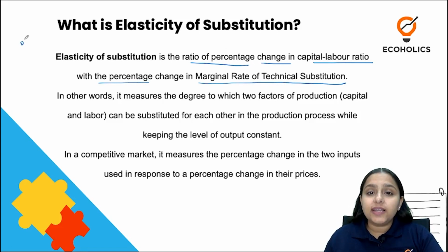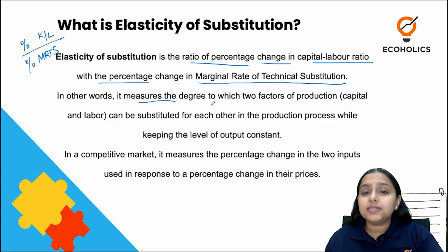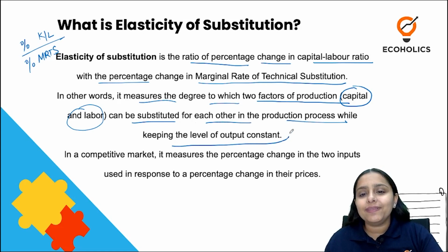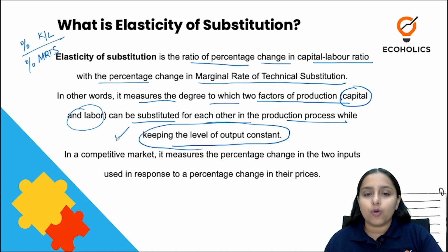So percentage change in capital labor ratio divided by percentage change in MRTS. In other words, it measures the degree to which two factors of production, which are capital and labor, can be substituted for each other in the production process while keeping the level of output constant.